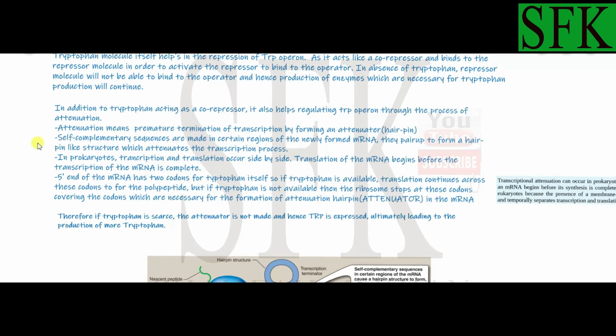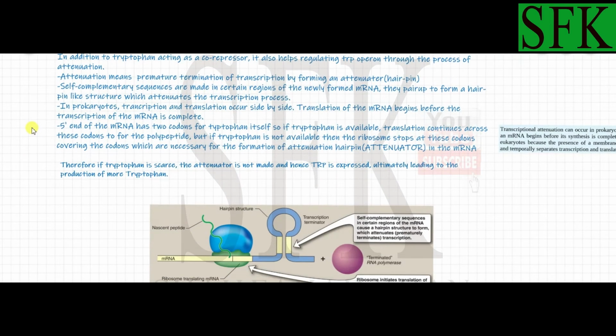So this is the second mechanism by which it is regulated. These are the two main mechanisms by which the tryptophan operon, or trp operon, is regulated, and both of them are through negative regulation, because both of these mechanisms tend to decrease the expression of the trp operon. So this is an example of negative regulation, and we've talked about the definition of negative regulation in the last lectures as well.